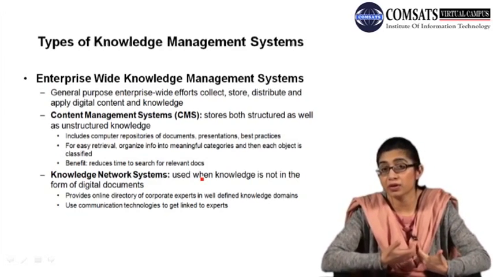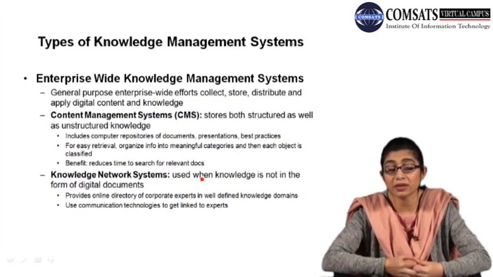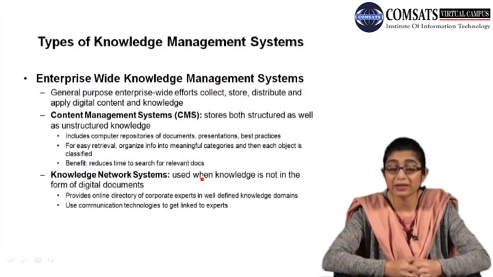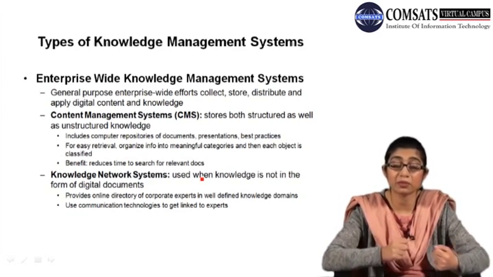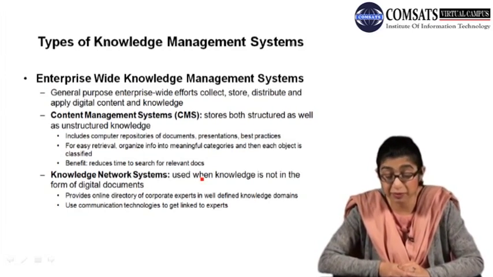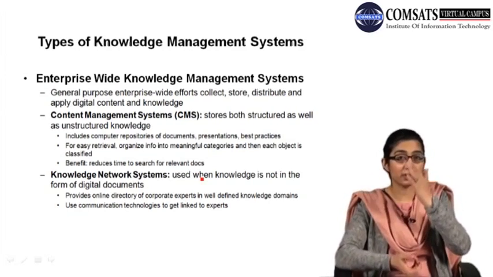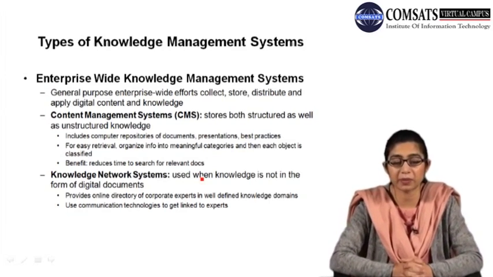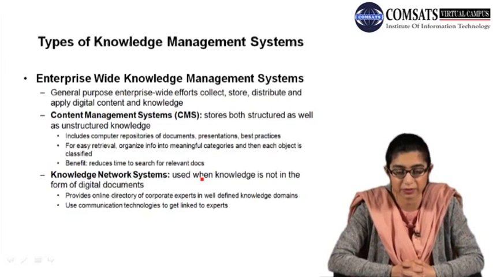So the first type of knowledge management systems is the content management system, that helps store both structured as well as unstructured knowledge. The knowledge repositories that we talked about earlier are created with the help of content management systems.